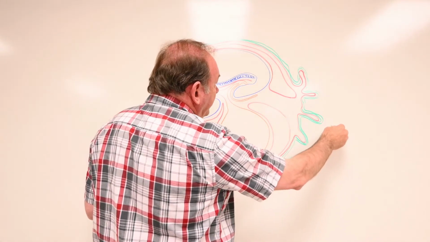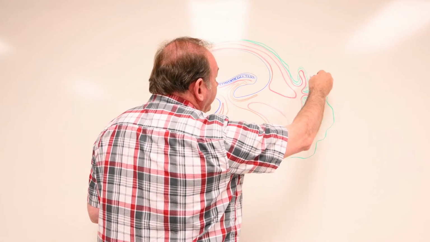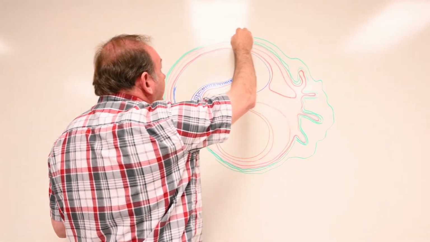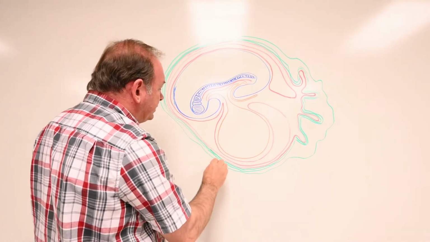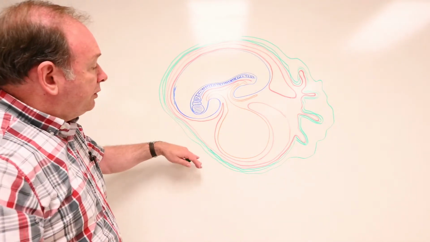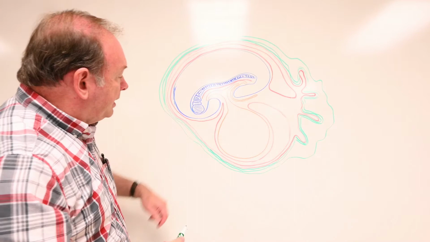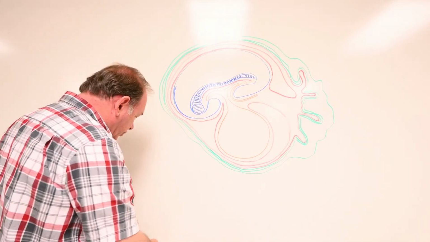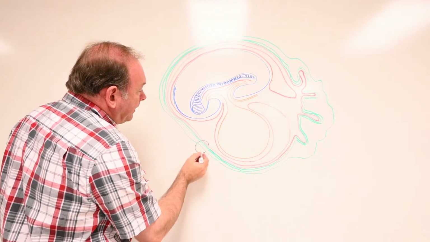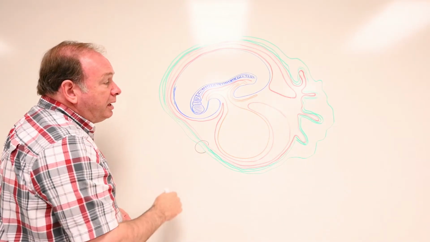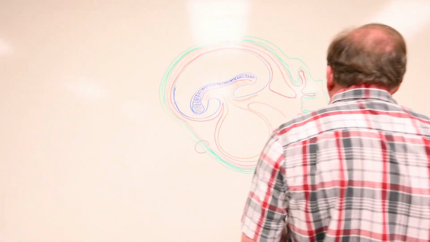Remember, they're not separated by cell membranes. All their nuclei are together. So we have this outer layer of syncytiotrophoblasts, cytotrophoblasts, and mesoderm. So in this picture, there's our chorionic membrane. This is a chorionic villus.